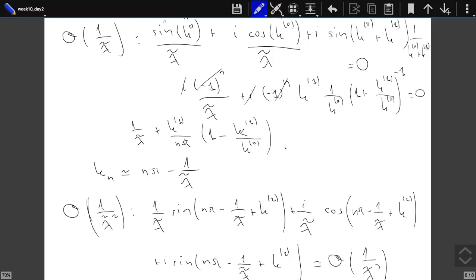So this basically, okay, this is higher order, which we are ignoring at this level. So this tells me k1 is actually minus n pi. So this is n pi 1 minus 1 over lambda tilde. So the shift should be increasing. Probably we didn't see it because we were just looking at small changes in n.